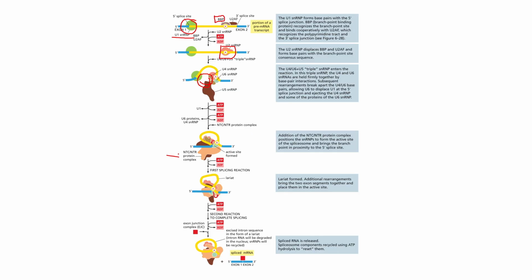And then this creates an NTC-NTR protein complex. Now again, this requires a lot of energy, so you're going to have the ATPs involved. Once you create that complex, now the active site is ready to begin its catalytic reaction. It's going to start cutting covalent bonds.